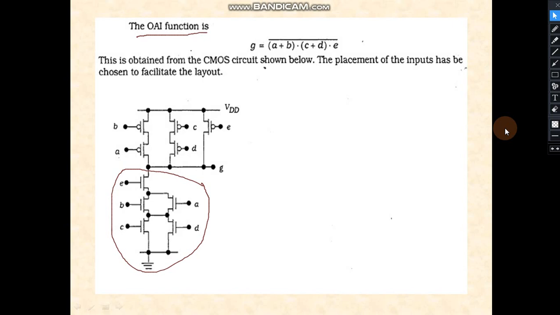Then we discussed layout design rules for NMOS and CMOS: the requirement of layout design rules, the basic rules, and the advantage of lambda based design rules. We implemented expressions for the inverter, NAND gate and NOR gate with lambda based design rules. And then we discussed AOI circuits, which are AND OR Invert, or OR AND Invert.